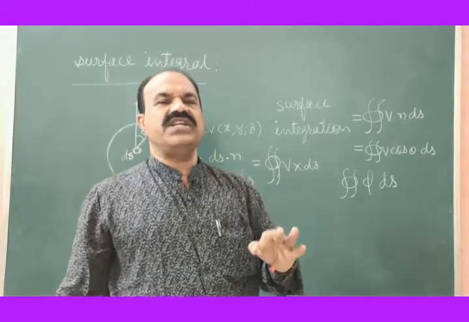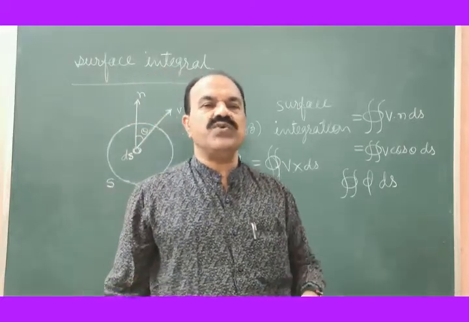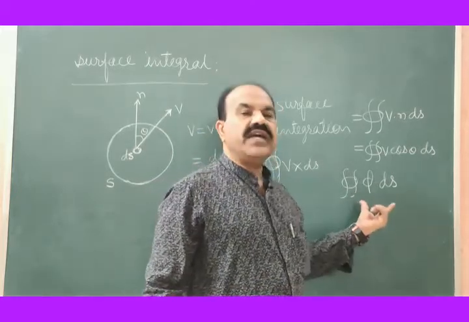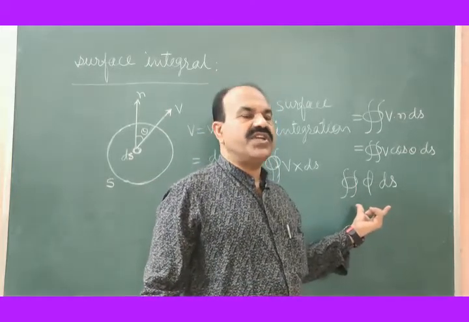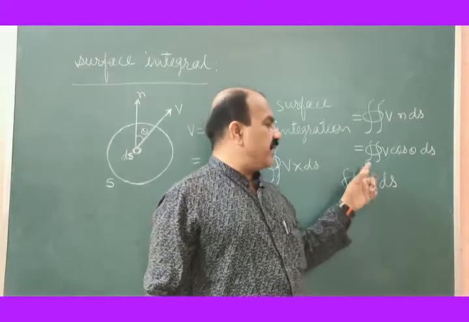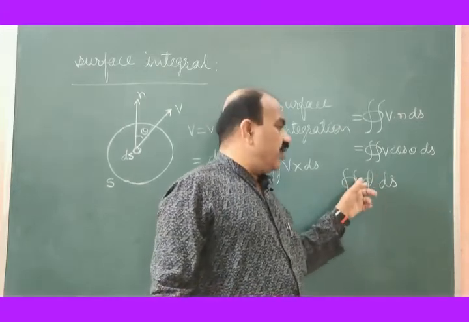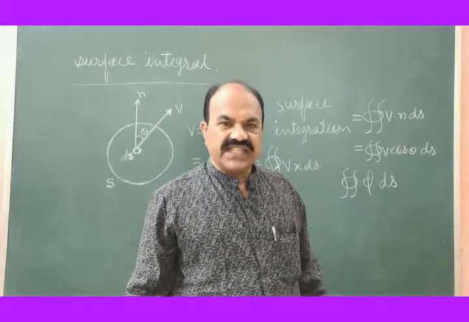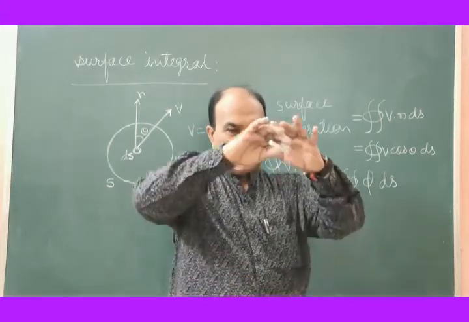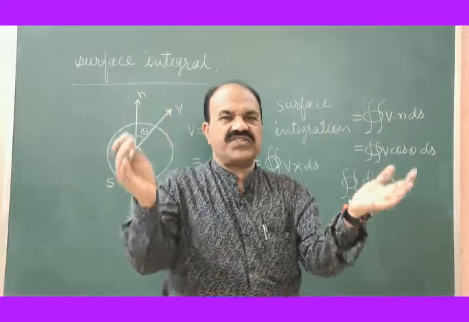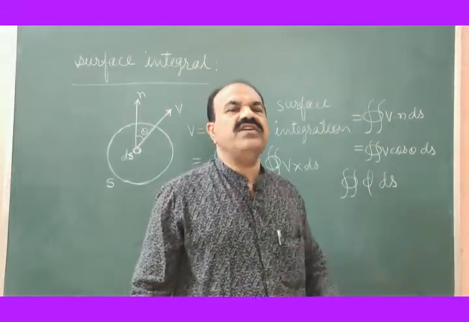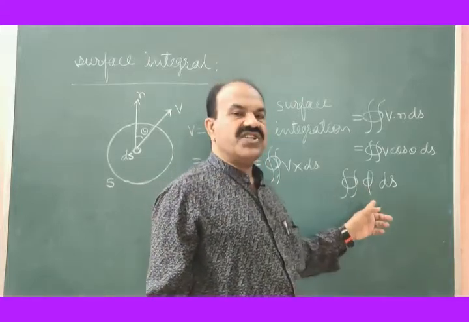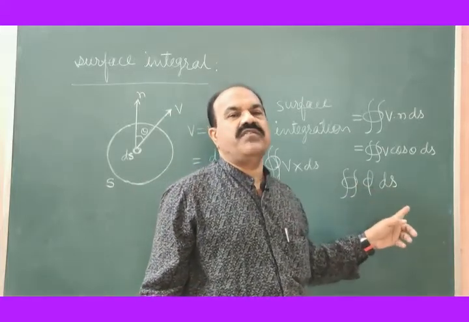If the surface integration is carried out in the scalar field, we can have the surface integration given by this equation. Double integration over which a circle is placed, representing that the surface under consideration in the scalar field is a closed surface, and we are taking integration on that closed surface.